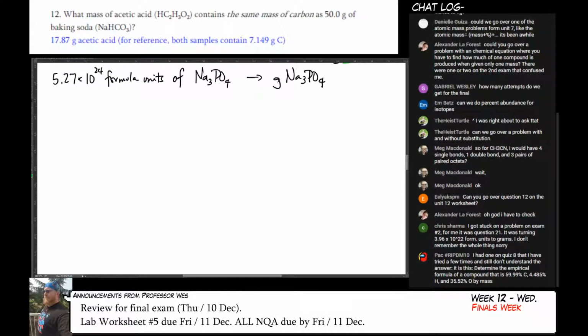So let's suppose that you have this many formula units of sodium phosphate, and you want to figure out what its mass is. So remember that formula units are just a method of counting, just like molecules or atoms or whatever. So I could turn this into moles, and then I could turn that into grams.